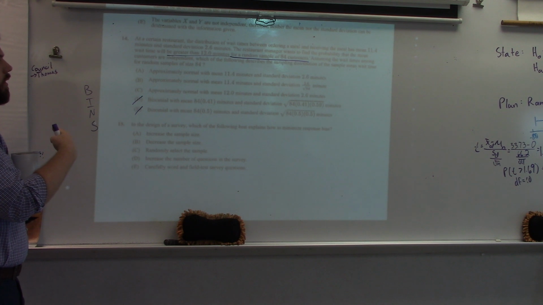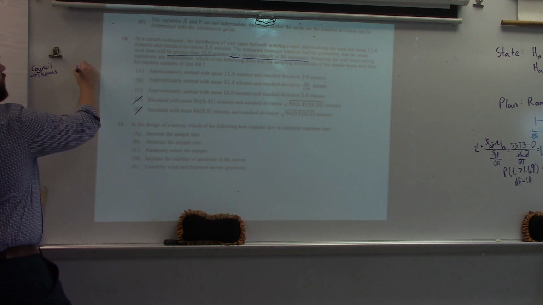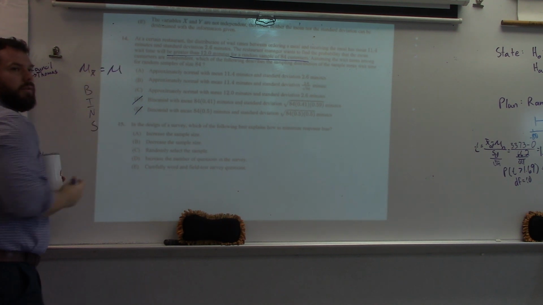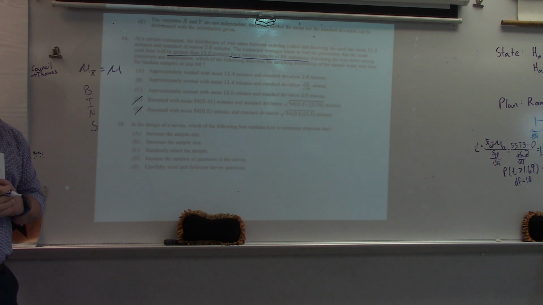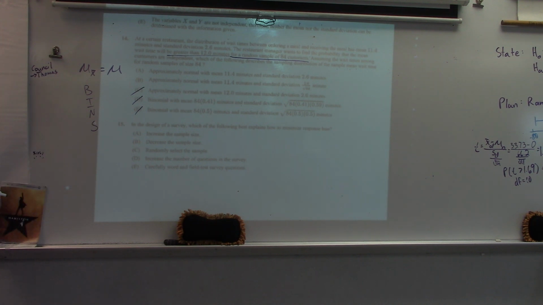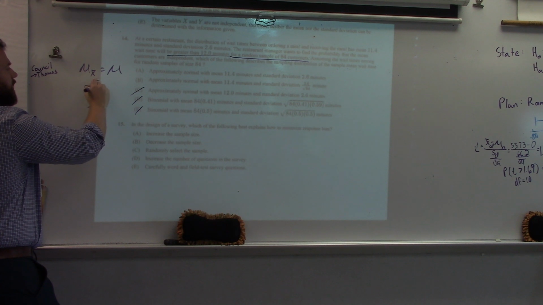And what would the mean be for this sampling distribution? Remember, the mean of the sample means is the population mean, right? So 11.4 there. So we're down to A and B. But Austin, how do I find the standard deviation of sample means?